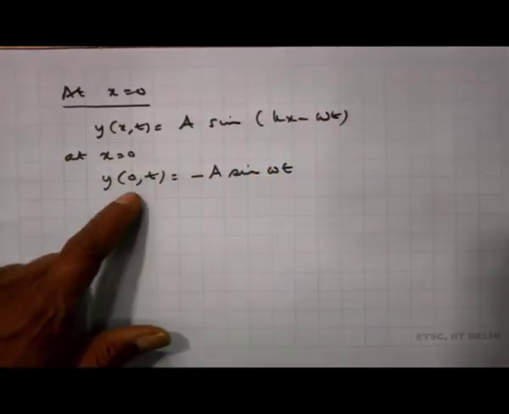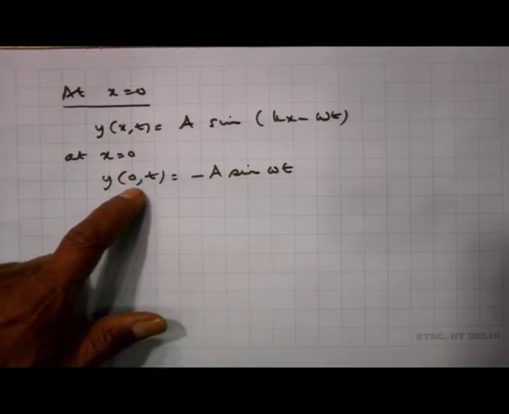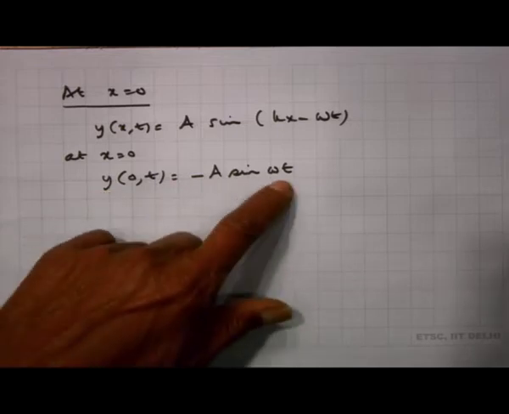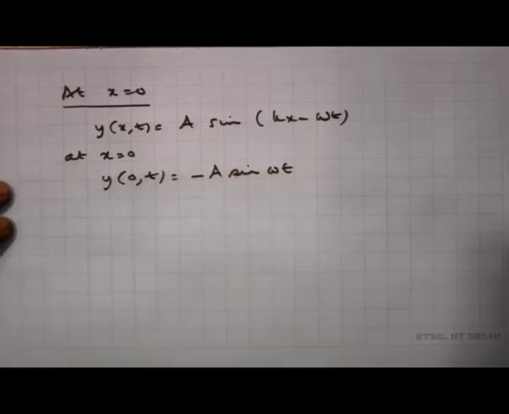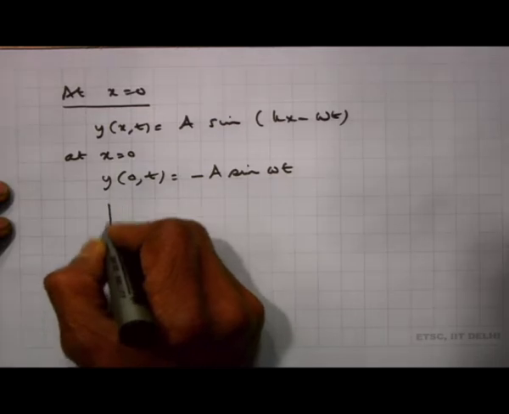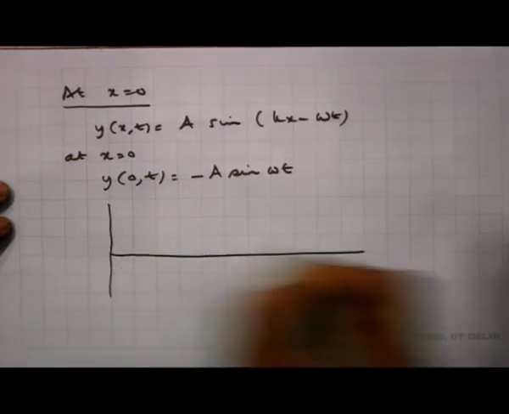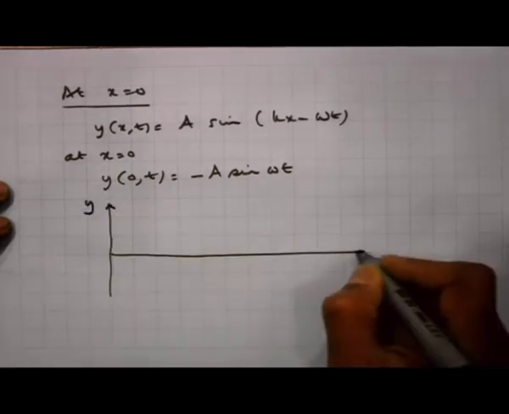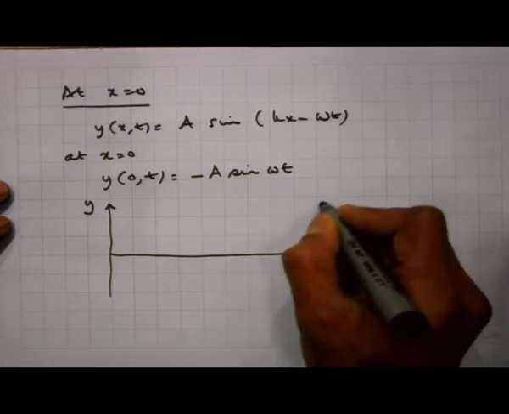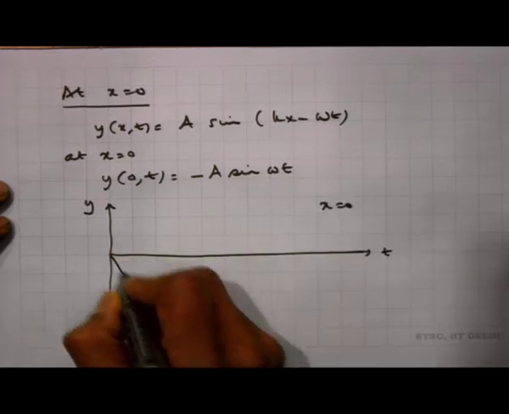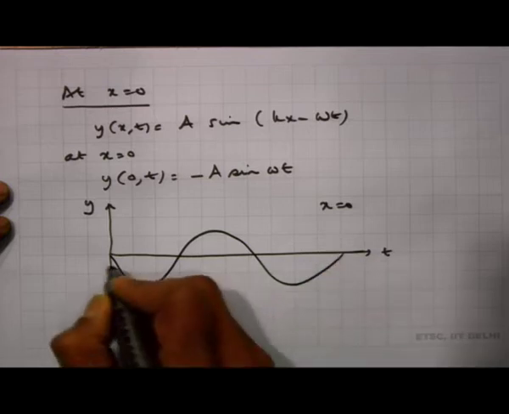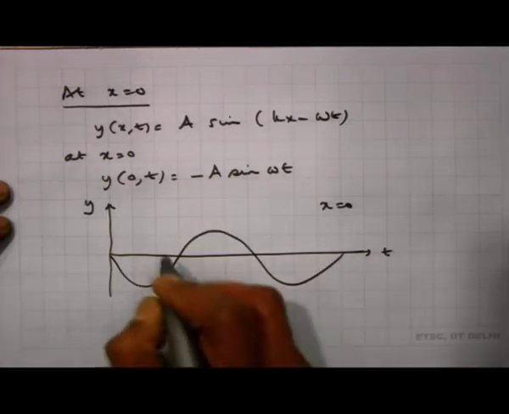So, if I position myself at a point which I call x is equal to 0, the amplitude of the string depends on time of the form minus a sin omega t. So, if I plot this function again, this is y as a function of time at x is equal to 0, and it goes like this. This is minus a sin omega t.